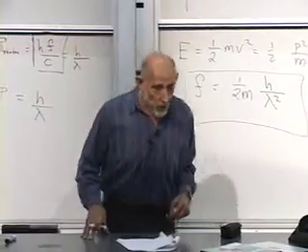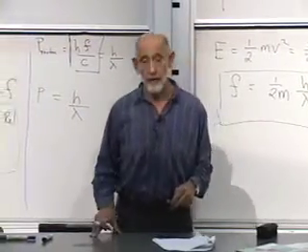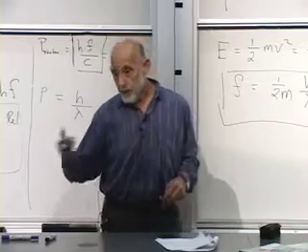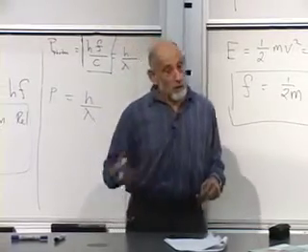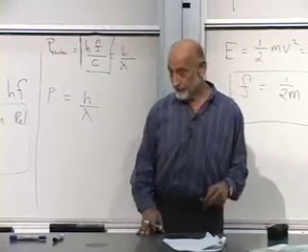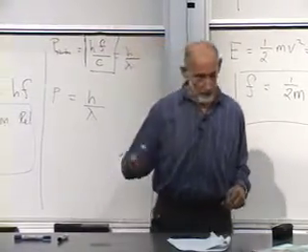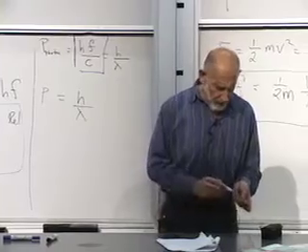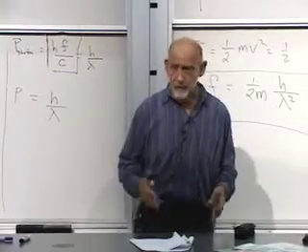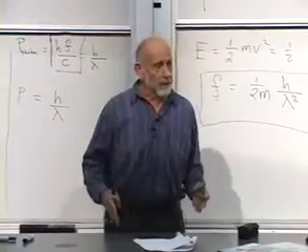If its momentum is large compared to its rest mass, it's relativistic. A photon has no rest mass, and so its momentum is always much larger than its mass, and so it's highly relativistic, as relativistic as it can be. The figure of merit, the thing that you compare, is the momentum to the rest mass.